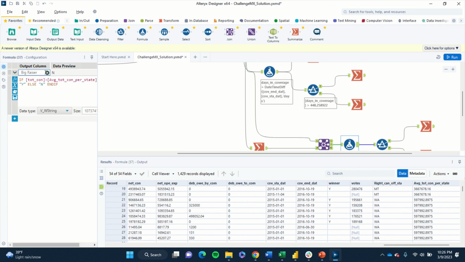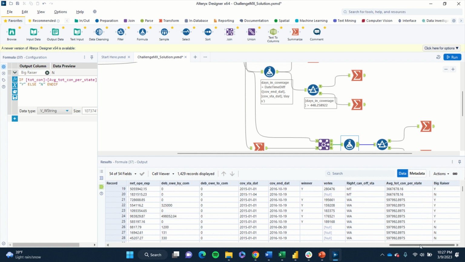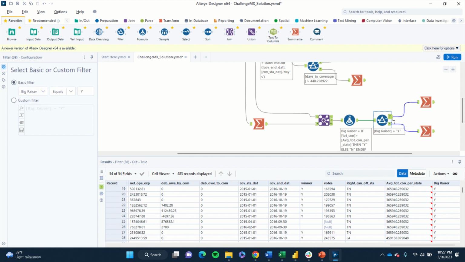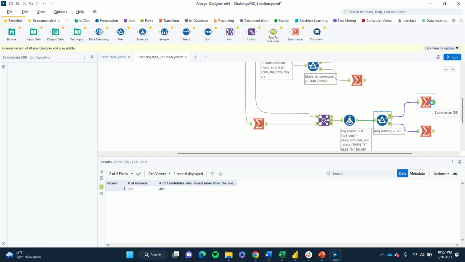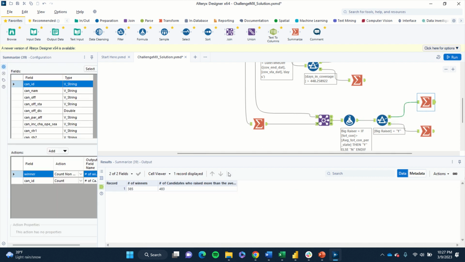Next, I made a kind of fun column called Big Raiser to see if candidates were above average in their respective state, Y for yes, N for no. This just checks whether their total contribution was above the average for their state. We divided it up again by those who were and those who weren't. Just like the last problem, we see a strong correlation.